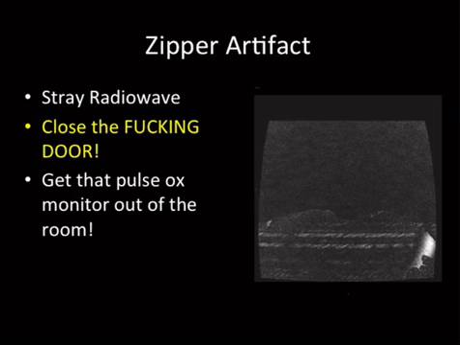So for the purpose of gamesmanship, the possible scenario is that anesthesia left the pulse ox monitor in the room, or somebody left a door open. So all electronic devices need to be out of zone 4, out of the room with the magnet. If that doesn't help, there's nothing in the room, you have to call tech people to repair the RF shielding. There should be RF shielding that keeps stray radio waves out of there.